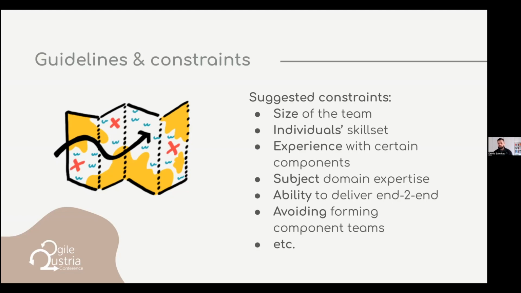Why we want to put such constraints? Because ideally we want to come up with this set of teams where each team, or at least most of the teams, are able to deliver end-to-end, meaning that they will not have any external dependencies when it comes to getting stuff done and delivering their work in increment to the end user. And also, we need to avoid forming component teams.